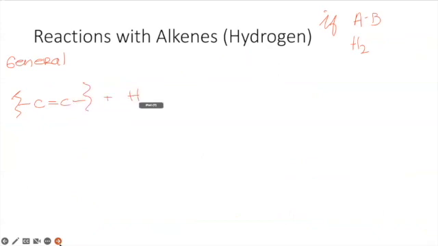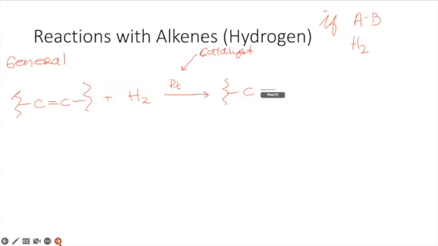This time, what we're adding, our AB that we're adding across it, is H2. This time, to do this reaction, we need a catalyst, right? So we always write the catalyst above the arrow. Don't worry about it. For this course, we don't need to memorize the catalyst, but it is technically correct to show the catalyst that's involved.